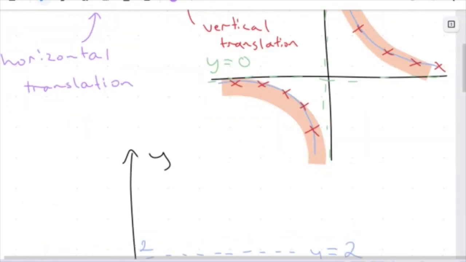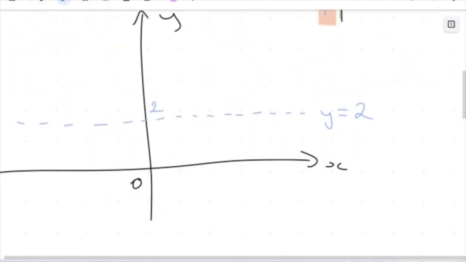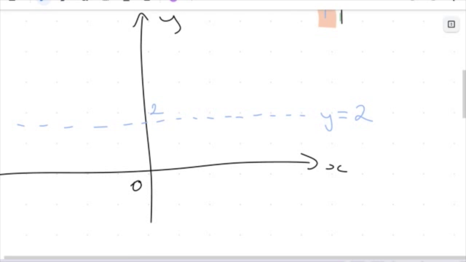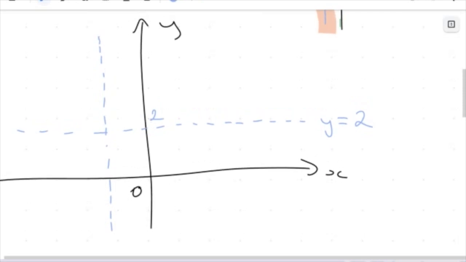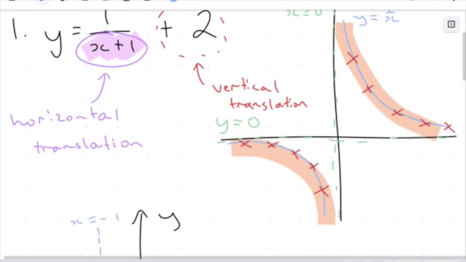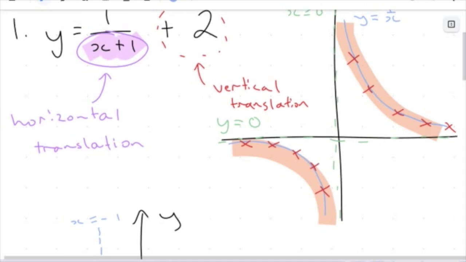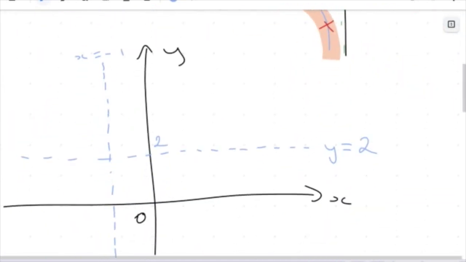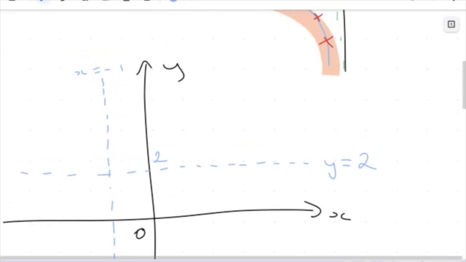So instead of my asymptote here, it's going to get shifted 1 unit to the left. So I'm going to get this asymptote, x equals -1. So the graph is intact, it still looks like it does here. It's not getting dilated or reflected, but it's just getting shifted up 2 units and left 1 unit.